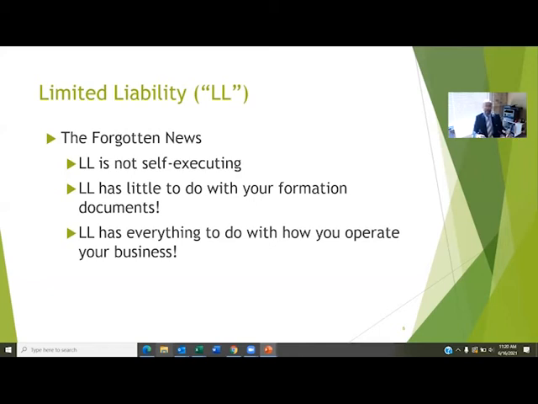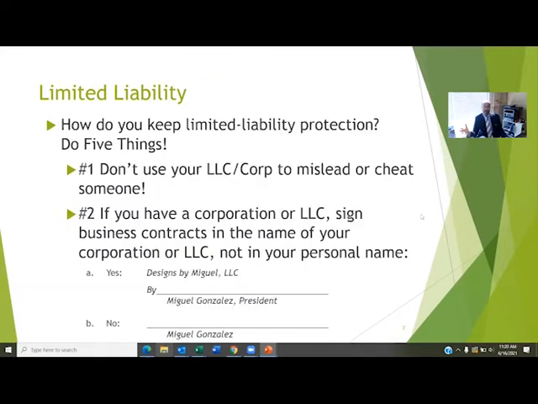And so this screen will show you some examples of how to sign documents. Again, you never want to hold yourself out if you do have an LLC or a corporation. You don't want to hold yourself out or sign anything dealing with your business in your personal name. Yes, every business entity does have people behind it, but when we're talking about really creating a legal entity, we're talking about creating a separate body.